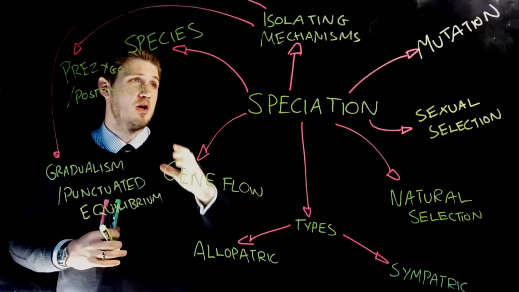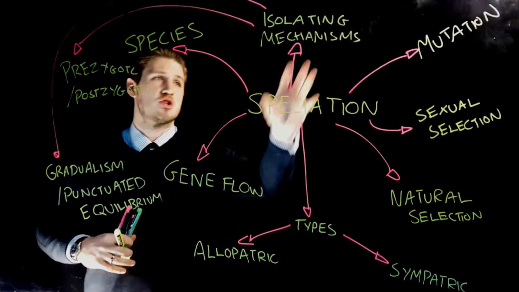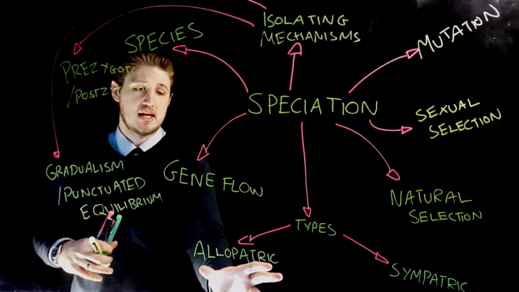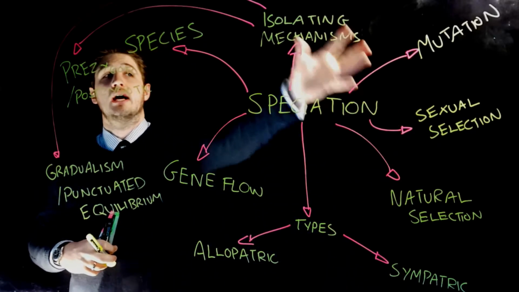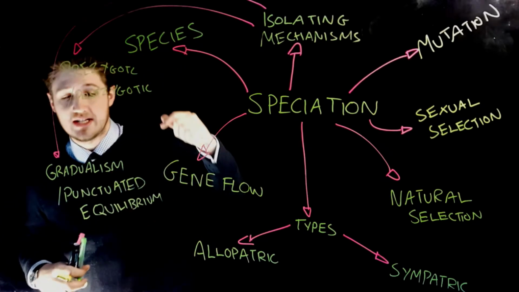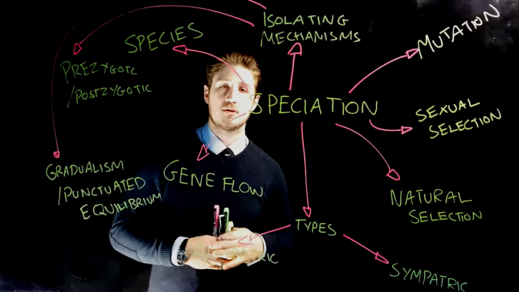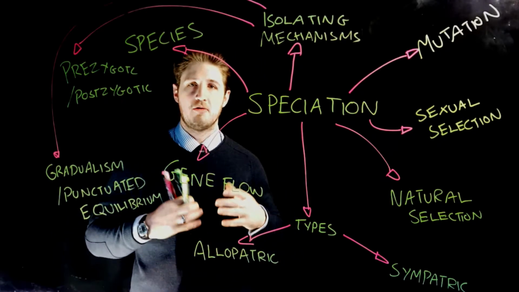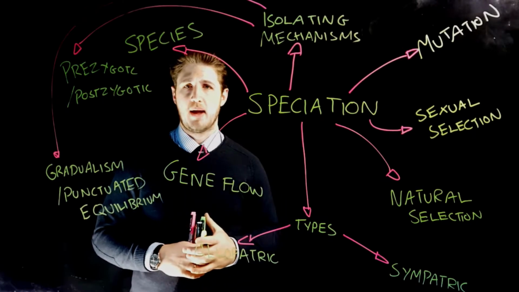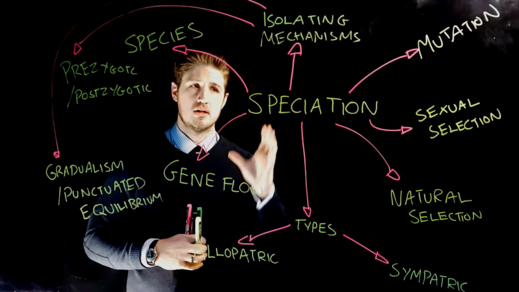You should remember that from earlier in your schooling. Things like gene flow, natural selection, sexual selection, mutations. There are two types of speciation that we're going to look at particularly, allopatric and sympatric. There are isolating mechanisms, prezygotic, postzygotic, gradualism, punctuated, and equilibrium, all of which we will unpack as we go through this topic. But first, I'm going to give you an overview of speciation. So sit back, make sure you're taking notes, and enjoy this introductory video to speciation.